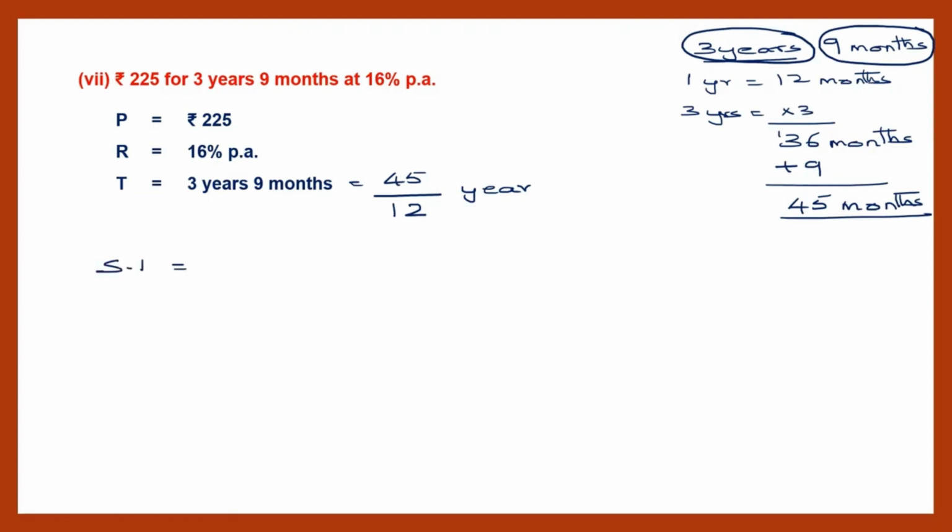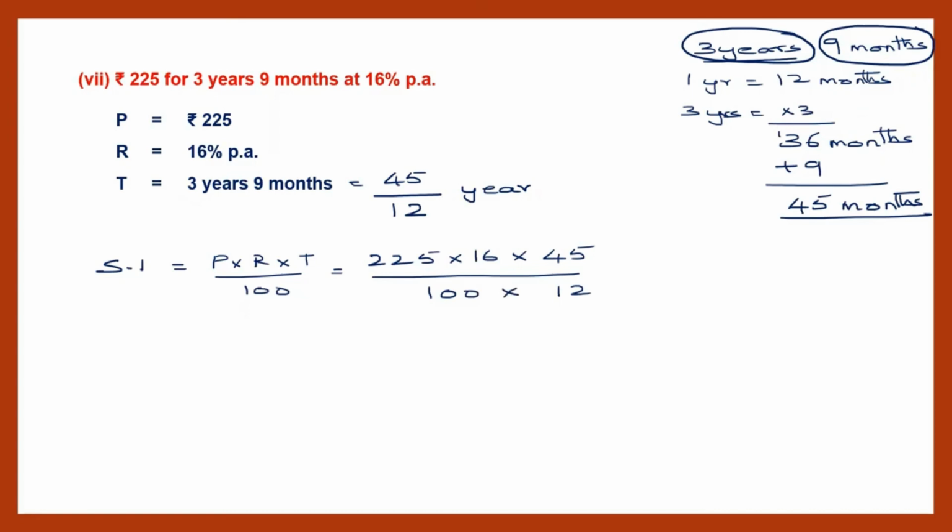Simple interest is PRT by 100, principal into R into T by 100, which is equal to principal 225 rupees, into rate of interest 16%, into time, now 45 by 12. So we can write 45 by 12, and this is divided by 100.